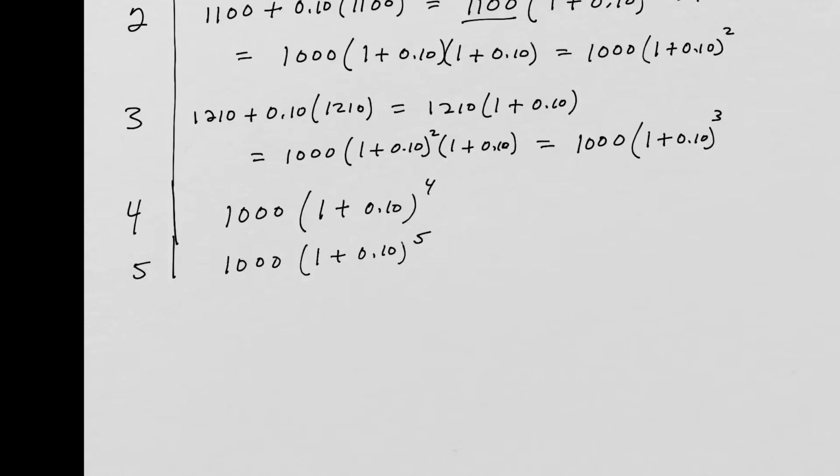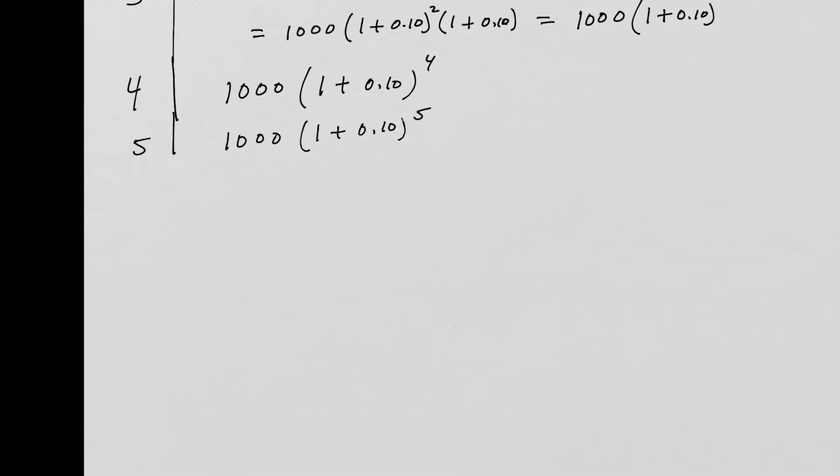And actually, we can keep doing that until we get to the t year, where t is any integer, 0, 1, 2, 3, 4, 5, and so on. So what is that going to be?